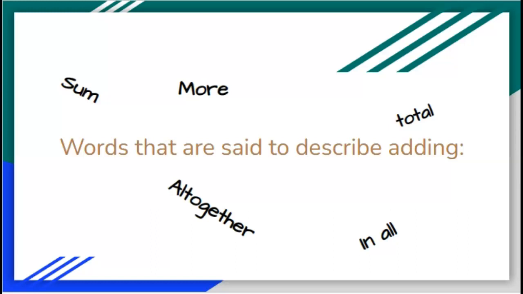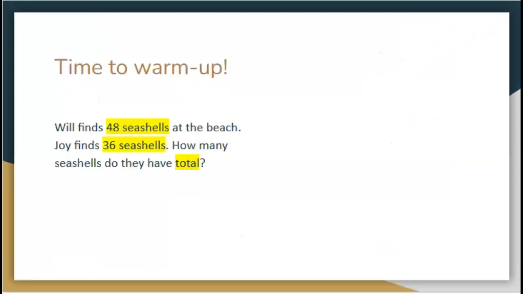Now, knowing the definition of a word problem and words that describe adding, we can go back to that word problem that you guys worked on with your partners and identify those key details that help you solve the problem.